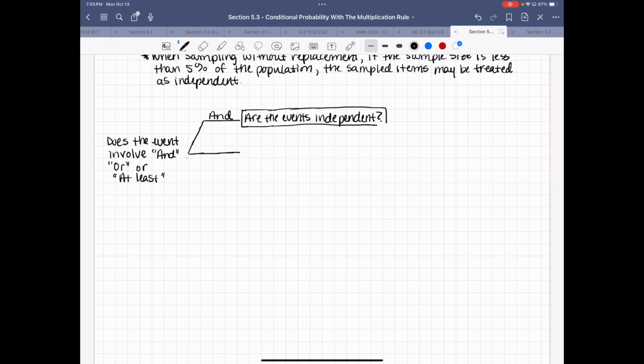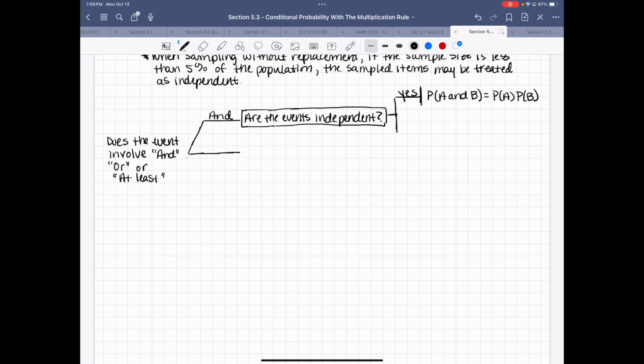If you say yes, they're independent, then we can simply use the probability of A and B is going to equal the probability of A times the probability of B, like we did when we rolled the dice, okay? They were independent.